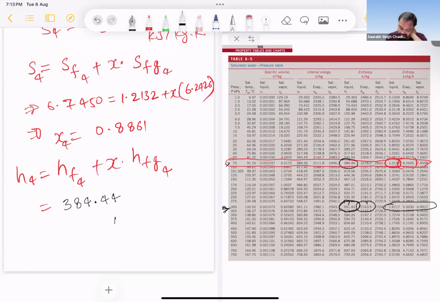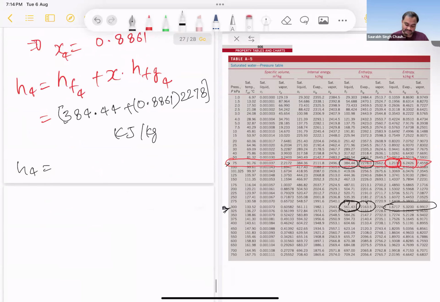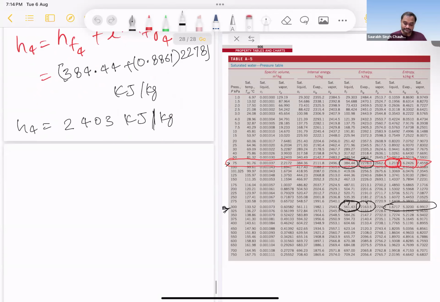All these values are in kilojoule per kg. Plus 0.8861 into Hfg, and Hfg is given as 2278. All these values are in kilojoule per kg. And if we calculate this, it comes out to be 2403 kilojoule per kg. Please check these calculations. I hope it is correct.